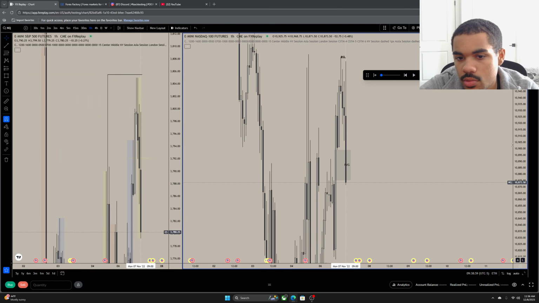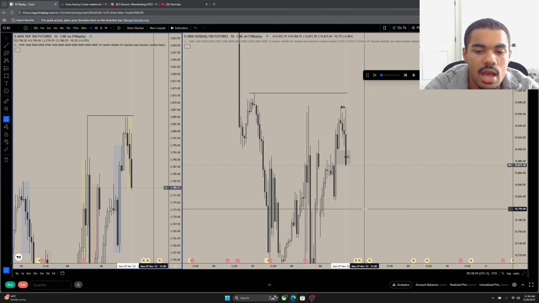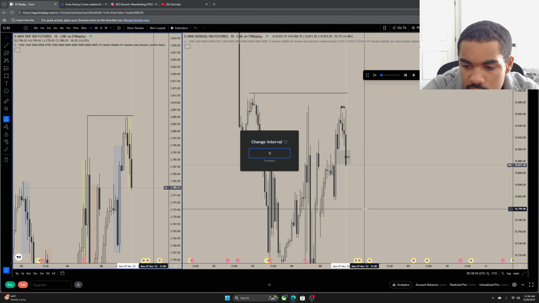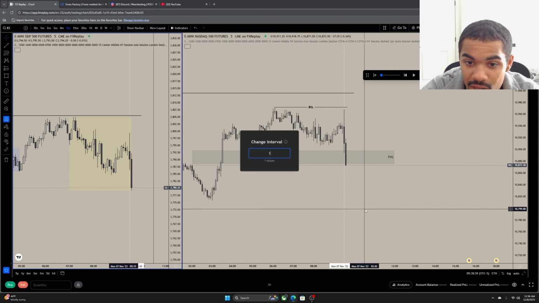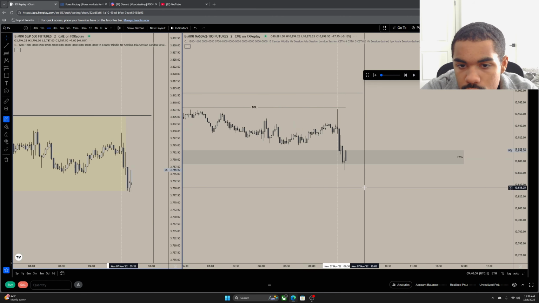Alright, now I really just want to see what price is seeking out. So if we don't get reactions off this 1 hour bearish gap, I have no other option but really to just flip bearish. But as of now, I'm still bullish.